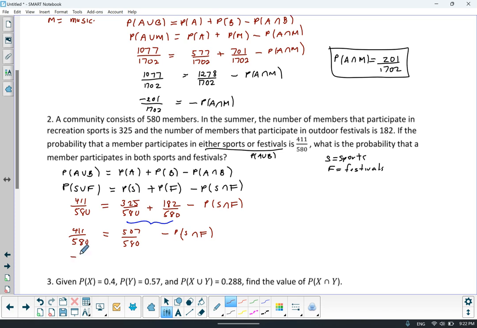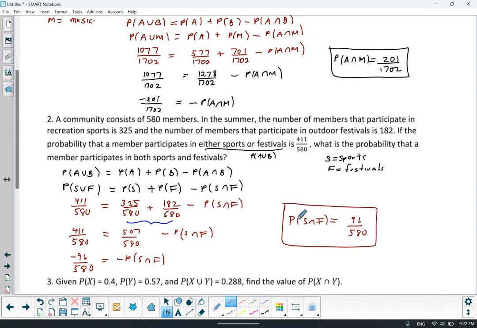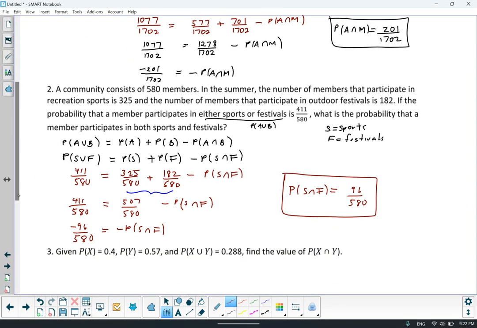I get negative 96 over 580 is equal to negative S and F rather. So the probability of both events is equal to 96 over 580. And you do not need to reduce, you do need to show proper notation though.